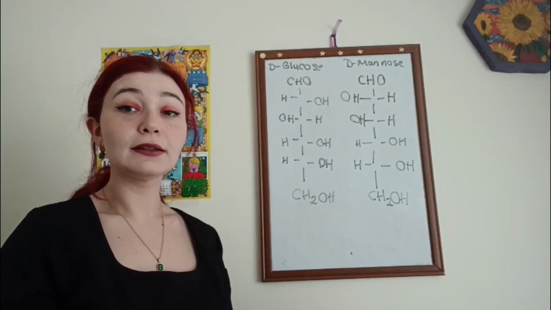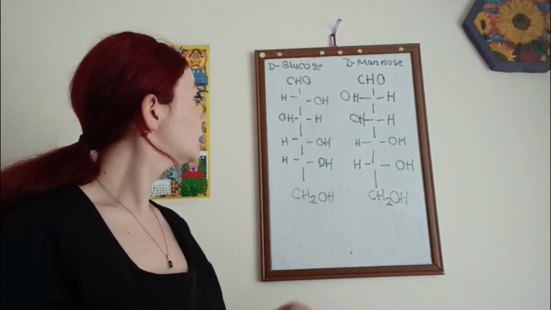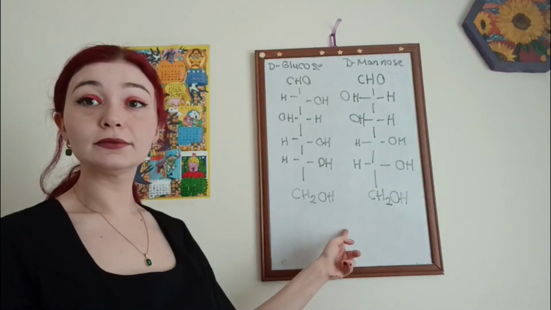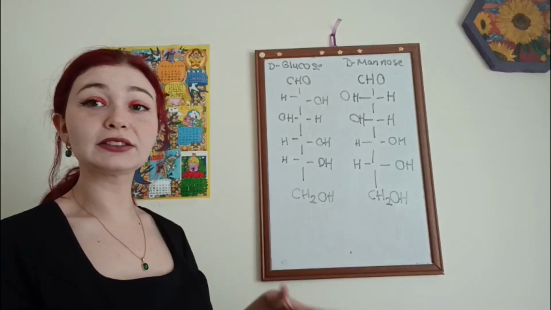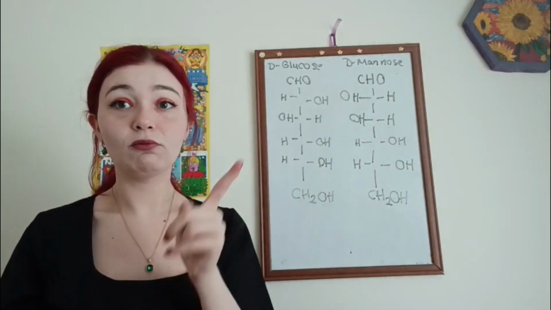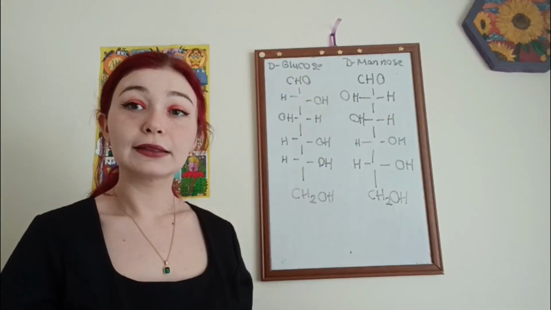And what if these sugars differ in only one chiral center? All the other structures are the same. They are just differing in one chiral center. We call them epimers.